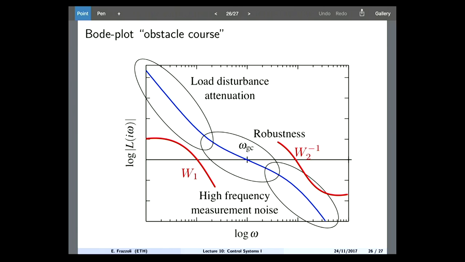Typically, you will want to cross at the -1 slope, at minus 20 dB per decade slope. That will give you 90 degrees of phase margin, which is plenty, typically. We could stop the course here. This is all you need to know. And in the next few lectures, we look at some ways that you can actually achieve that.